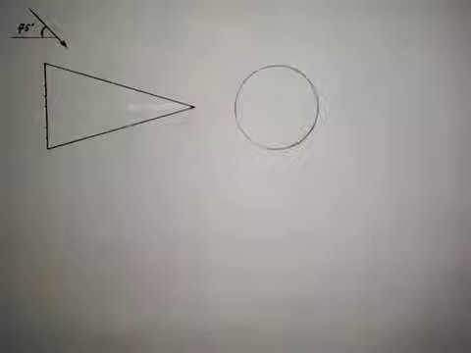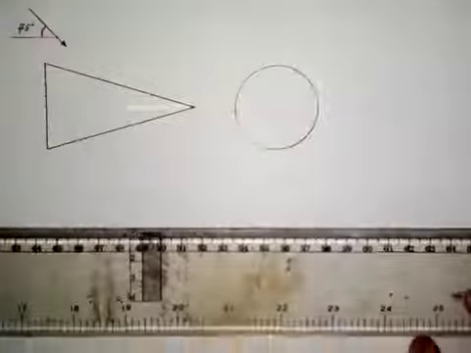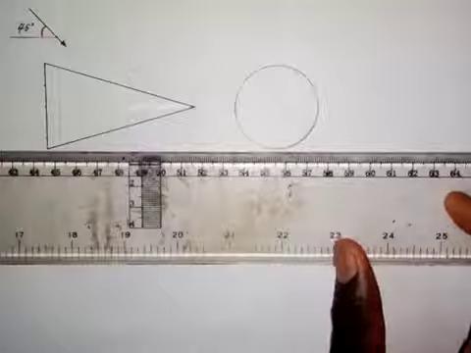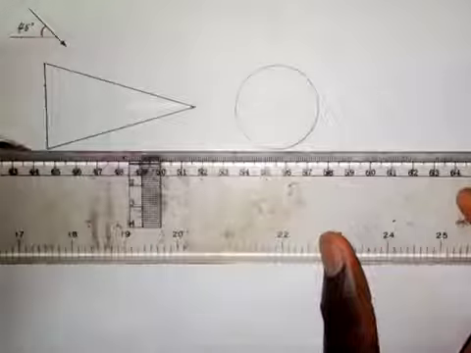Okay, so the next thing I'm going to do is to draw a horizontal line from each of these points. But before that, I need to draw a horizontal line from this point.